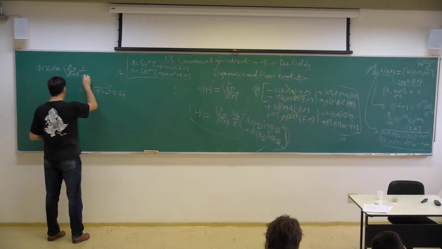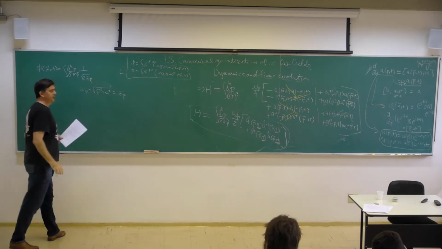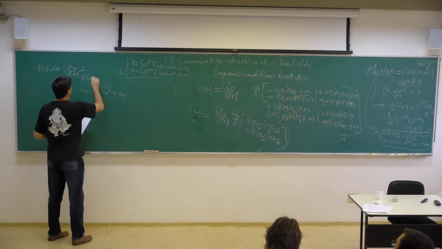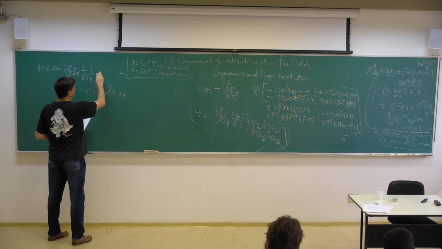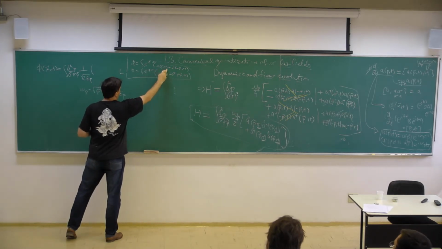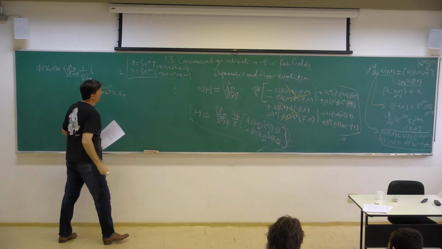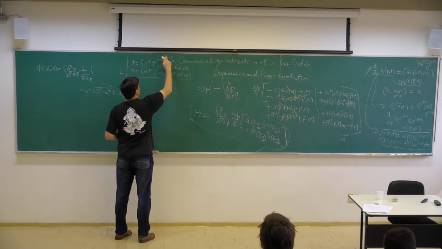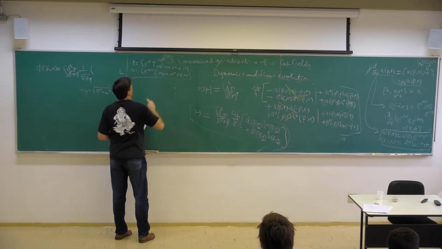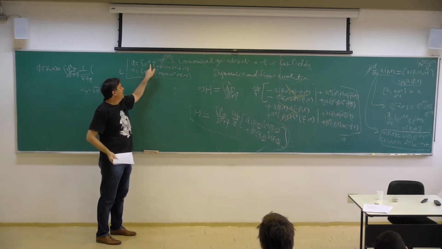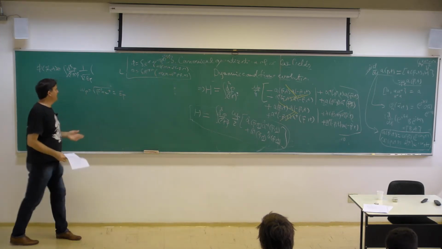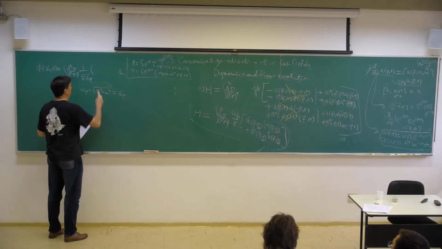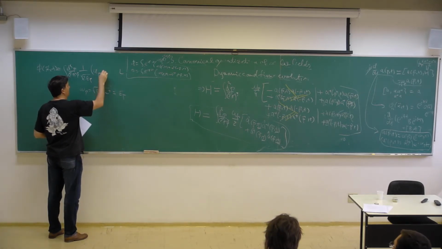So I'll write this already as 2E_p. And then here I get A of P and T times e to the ipx. But A of P and T, as we saw, is A of P times e to the minus i omega t. But minus i omega t plus i p·x is the relativistic e to the ipx. So this is written as A_p. I can put this as an index.